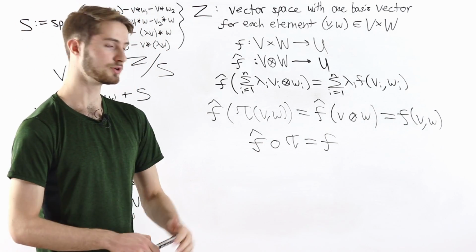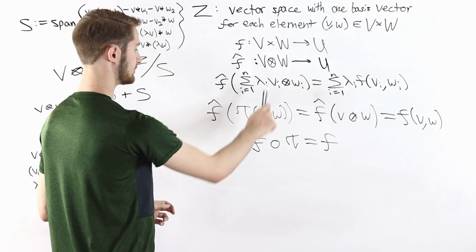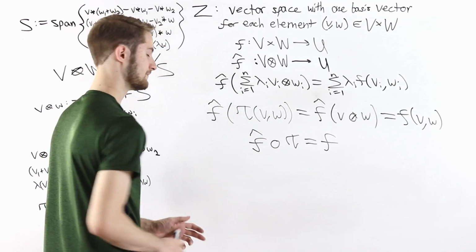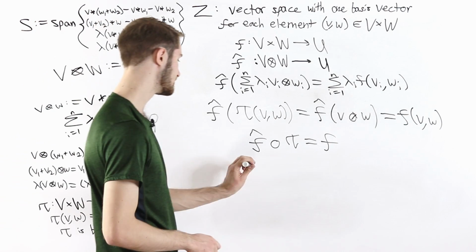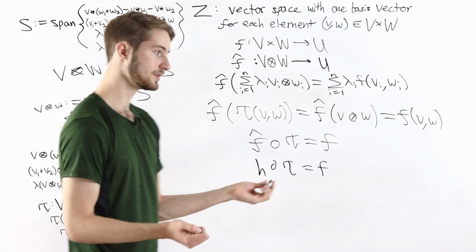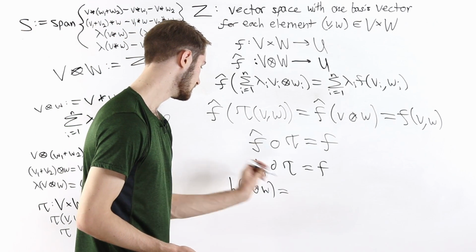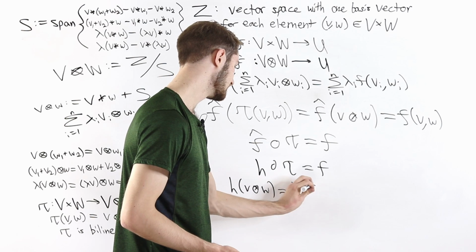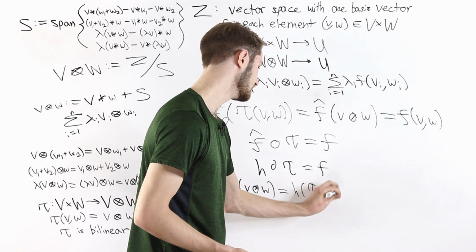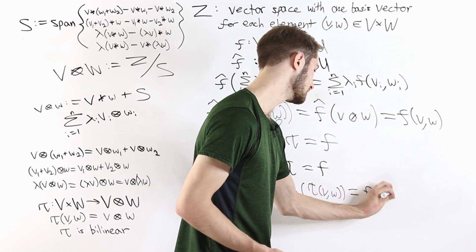And we can say more than this because, in fact, f hat is the unique map on the tensor product that has this property. Because let's say we have some arbitrary function h, with h composed with tau equals f. Then what is h of v tensor w? Well, we can write v tensor w as tau of (v, w). And because of this relation, this has to be f of (v, w).